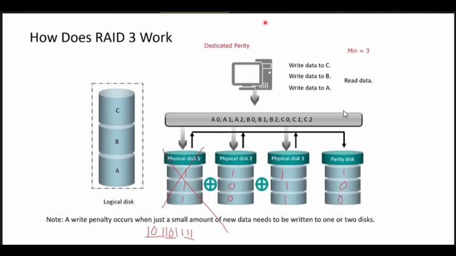If this whole disk goes down, you do a rebuild using the parity. So 1 XOR 1 XOR 1 will be 0. And this will be, basically, you come back to 1. Same thing, 0 XOR 1 equals 1, 1 XOR 0 equals 1.